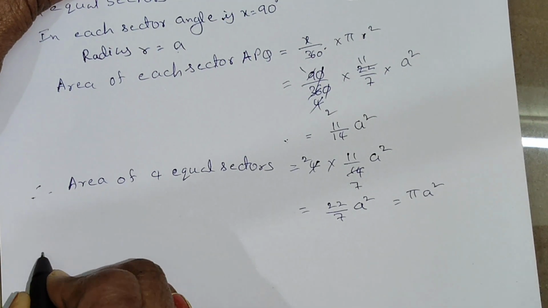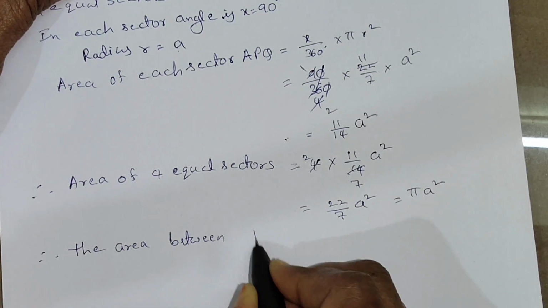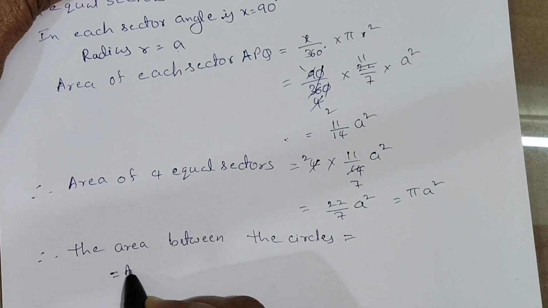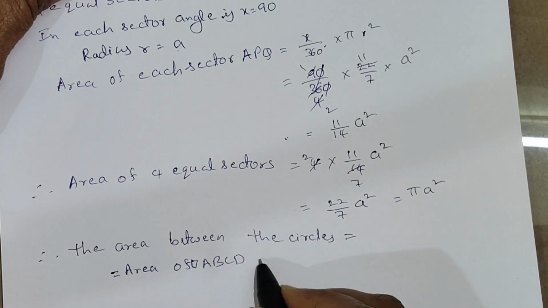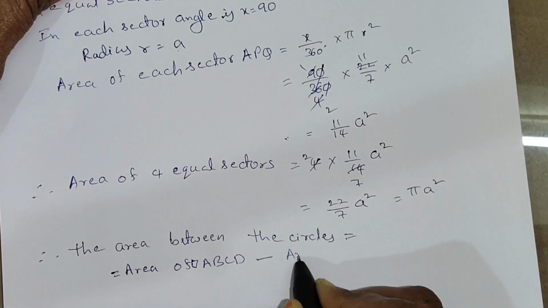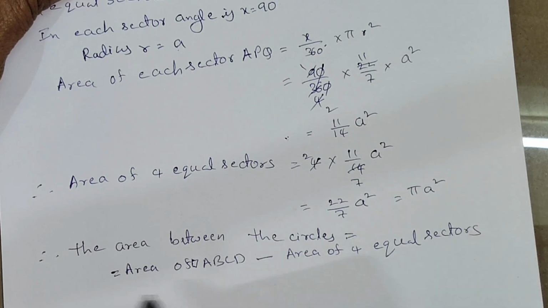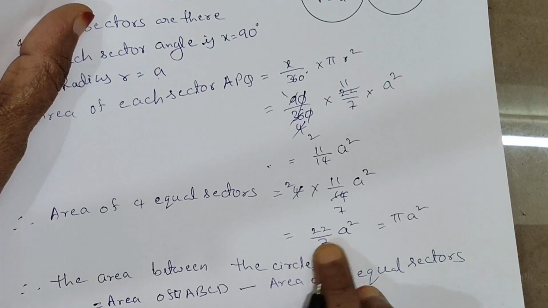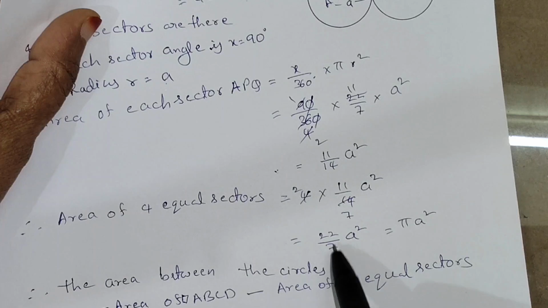The area between the circles is equal to the area of square ABCD minus the area of 4 equal sectors.